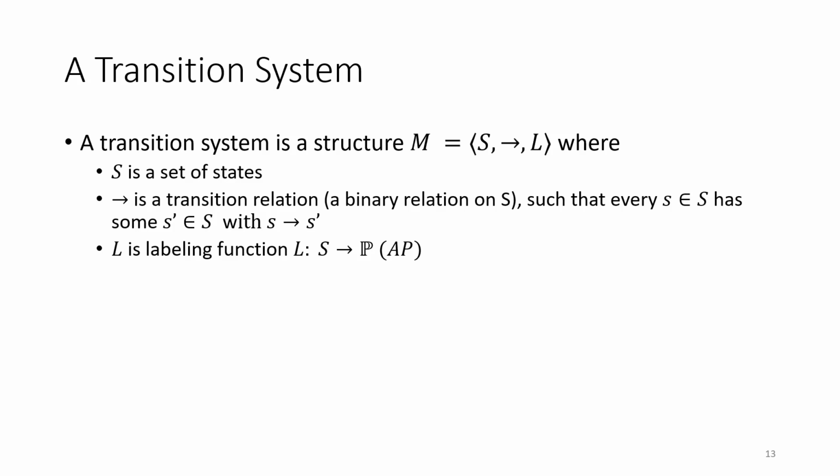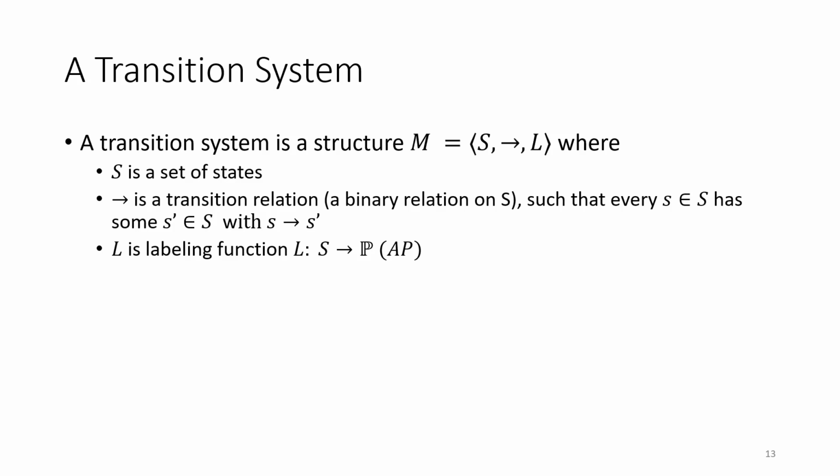These labels are simply telling us which variables are true and false in which state. And the transitions tell us from what states we can move to what states. Here you see that this L is a labeling function that takes a state and gives some set of atomic propositions. This subset of all of the atomic propositions is basically those that are true in that state.